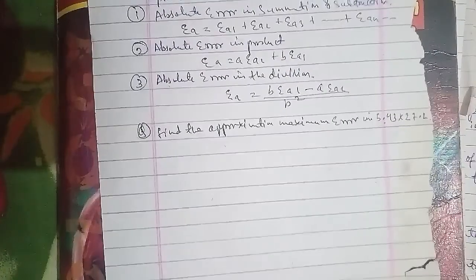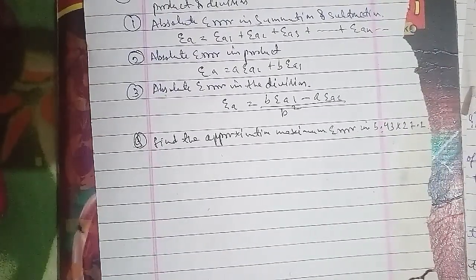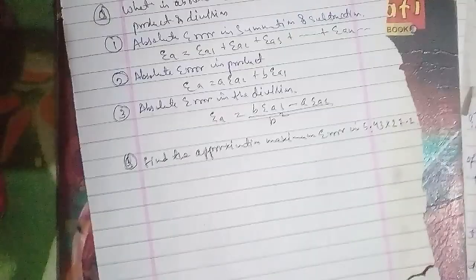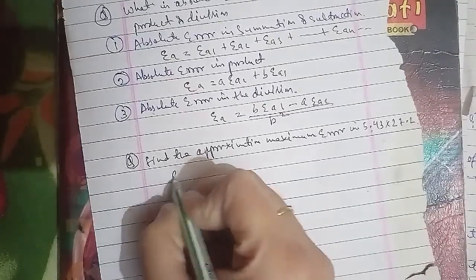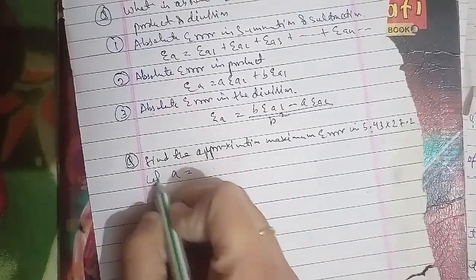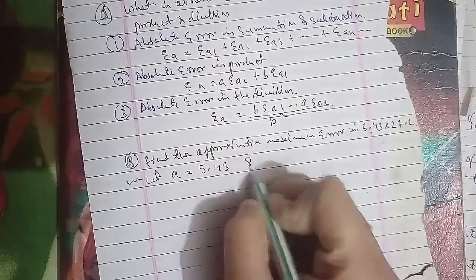Similarly, B equals 27.2, so there is one digit after the decimal point, and hence the maximum error in B will be plus minus 0.05, and that is the maximum absolute error in B, written as EA2, equal to 0.05.